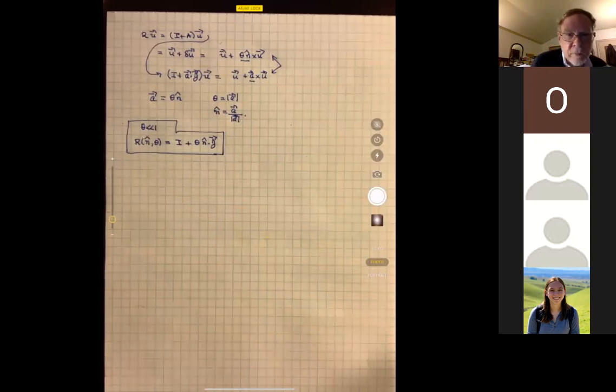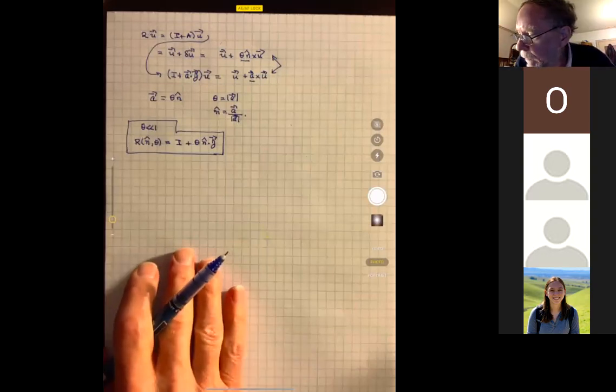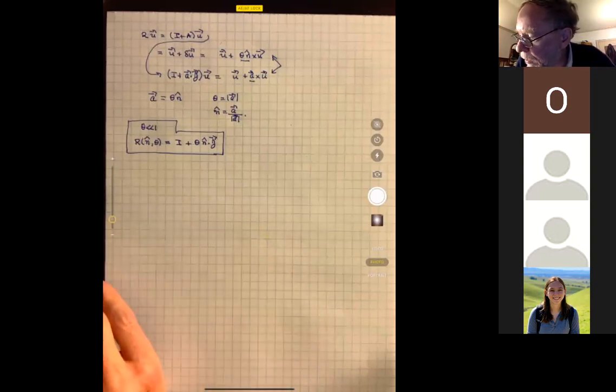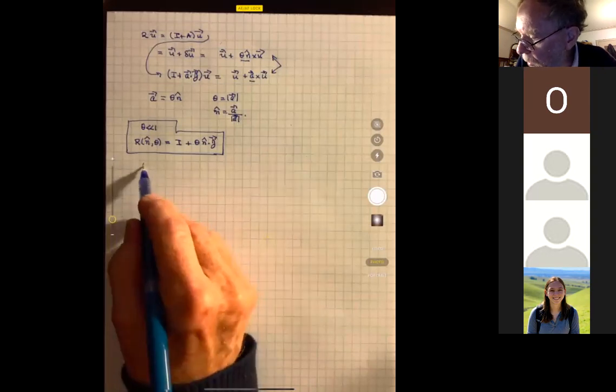Okay. Now, we see explicitly the axis and angle here. Now, what do we do if theta is not small? Suppose theta is not small.